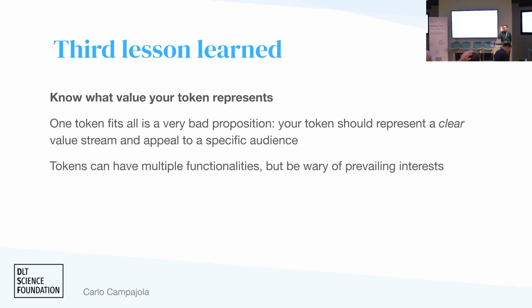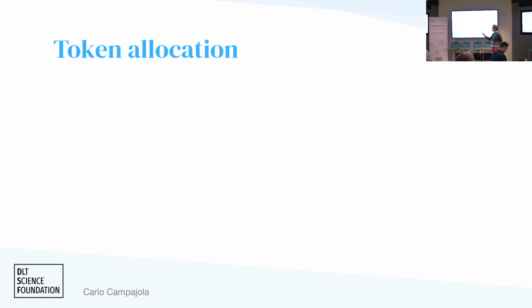I'm not saying that they should have only one functionality. The advantage is also the fact that they can take multiple roles, but be wary of what prevailing interests you may have if you set up your tokenomic model in a given way or another. Make sure that the incentives are placed in a way that the multiple functionalities are preserved.